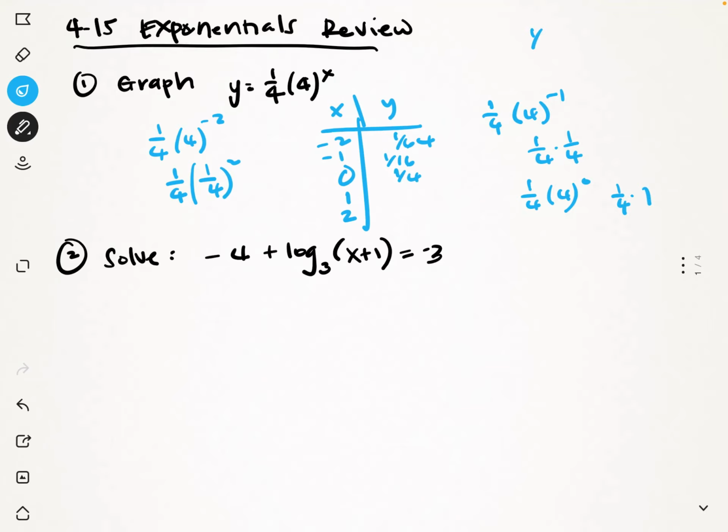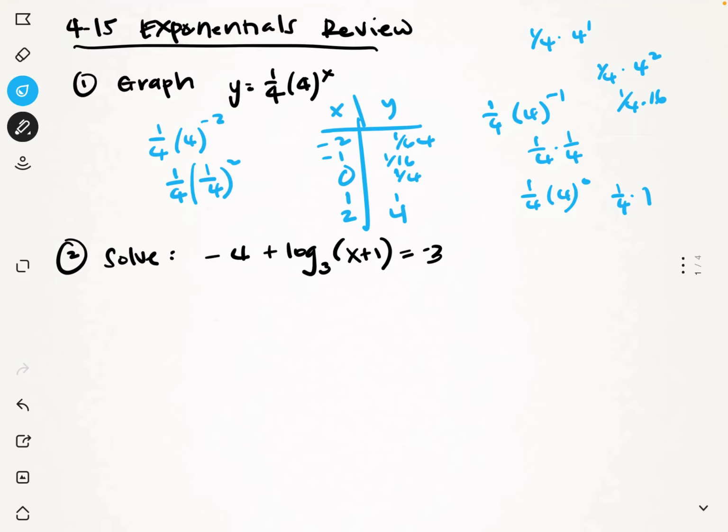And then 1/4 times 4 to the 1, or 1/4 of 4, is 1. And then 1/4 times 4 squared is going to be 1/4 times 16, which is 4. And then we just plot out our points, and then it'll give us our graph.